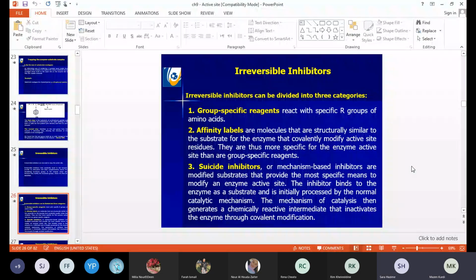So these are the three different types of irreversible inhibitors that we can use to identify amino acids of the active site.